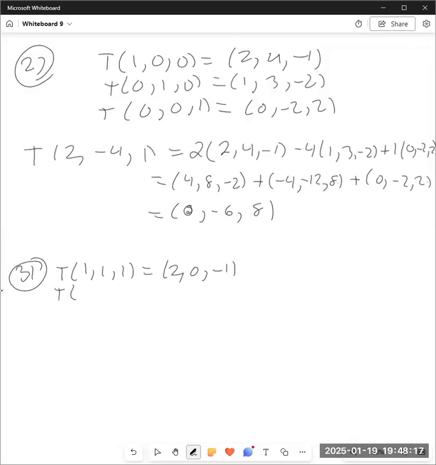T of [0, -1, 2] is equal to [-3, 2, -1]. And T of [1, 0, 1] is equal to [1, 1, 0].